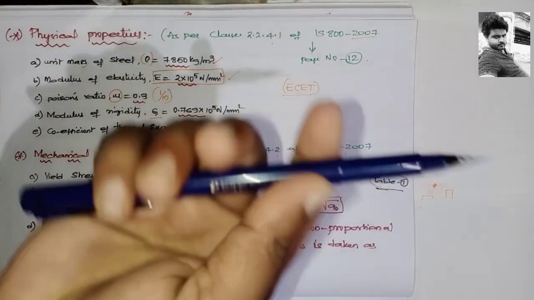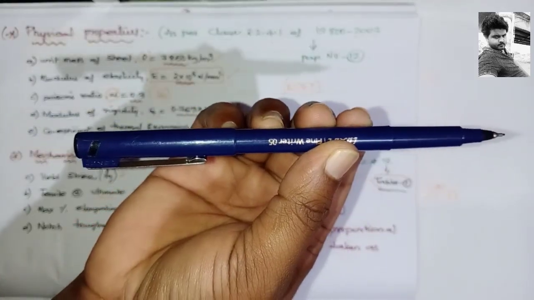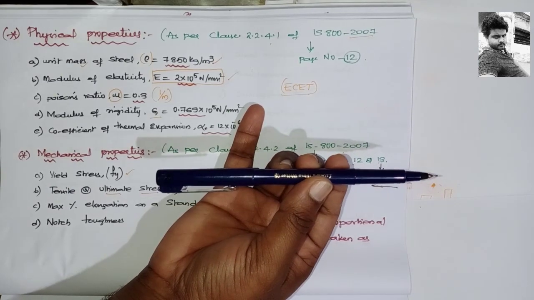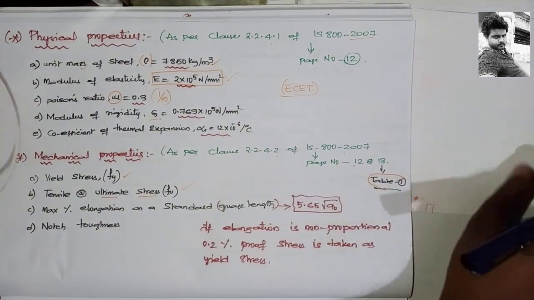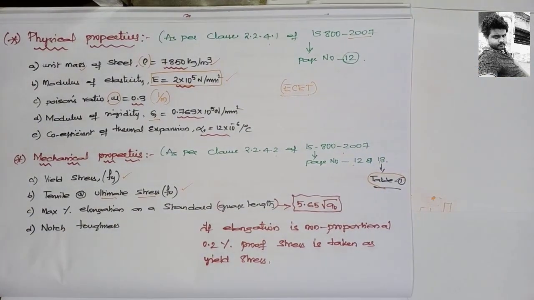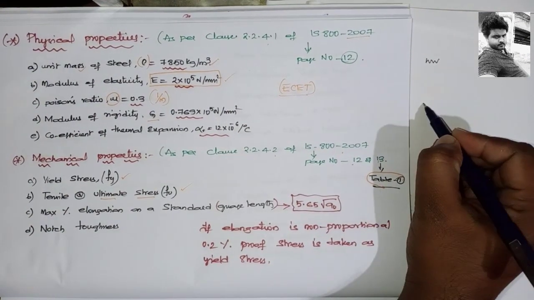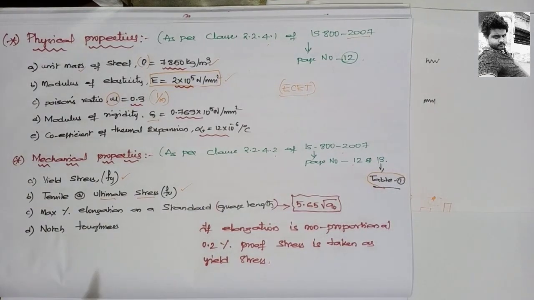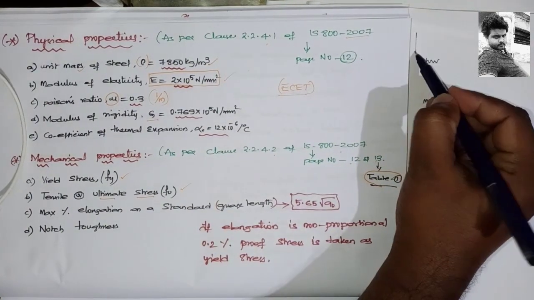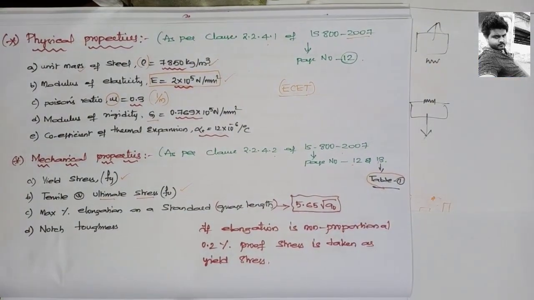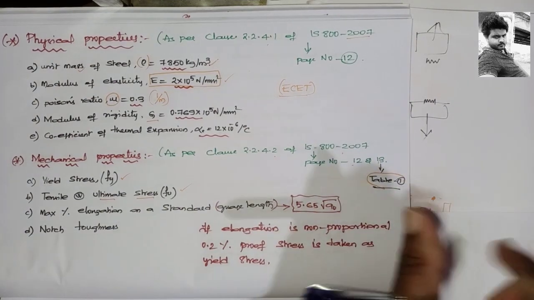Suppose I take a mild steel specimen of 12 mm, say of grade Fe 250. Here I want to use the universal testing machine. The load will be applied like this, it will be a pull load. I can't accommodate the universal testing machine here, so I will try to keep the figure here.